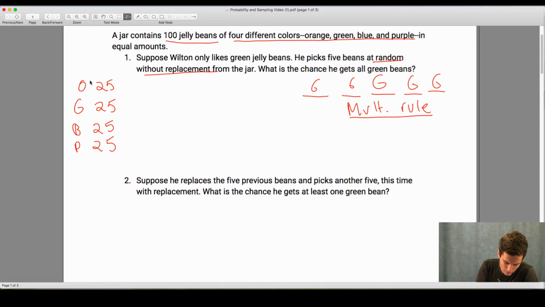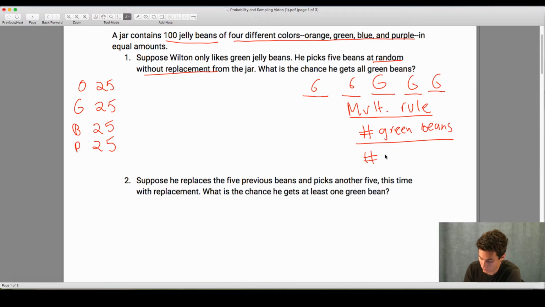In the original problem, remember that the implicit assumption is that I have an equal chance of picking out any one of the 100 jelly beans in my jar, which means that we can find the probability of getting a green jelly bean by counting the number of green beans at any point throughout our sampling process, and then simply dividing by the total number of beans that we have left in the jar.